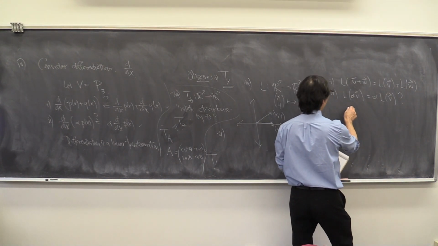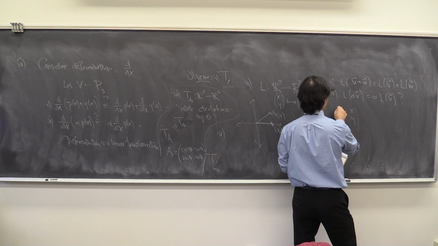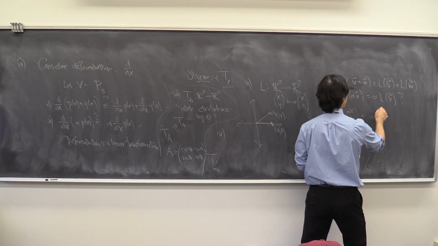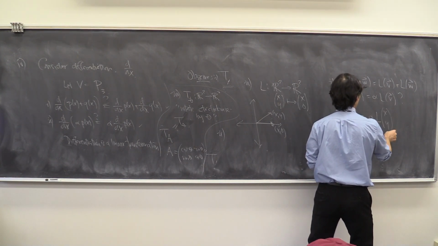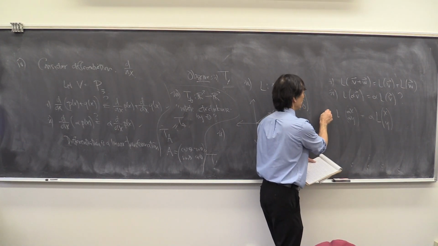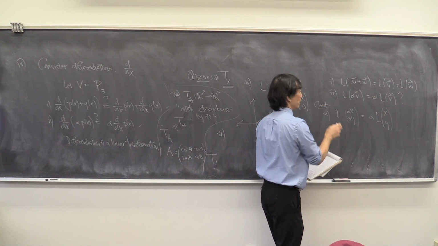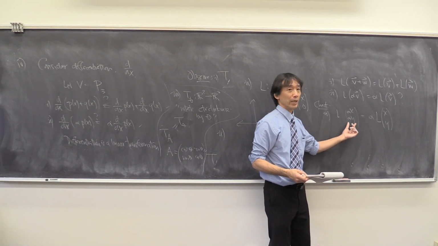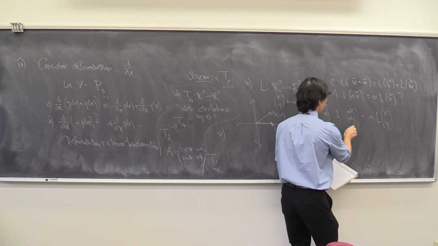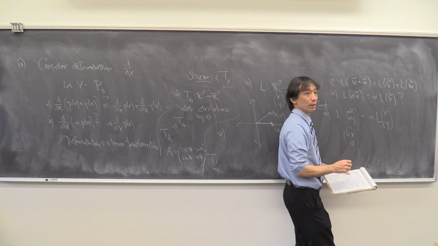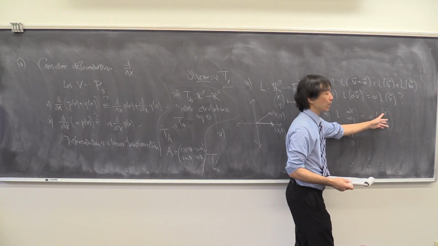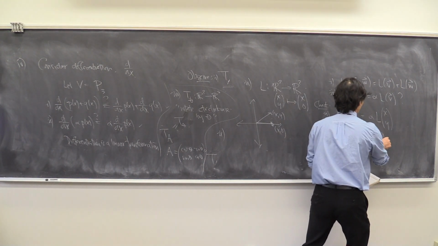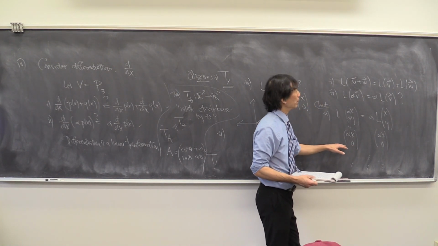If I have a vector x, y and I scale it by alpha, is that the same thing as alpha times L of x, y? L of alpha x, alpha y is just alpha x comma 0. And the other side becomes x comma 0, and then you hit it with alpha, it becomes alpha x comma 0. So that's true.